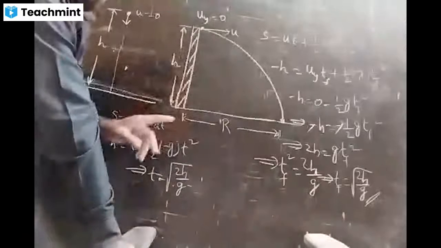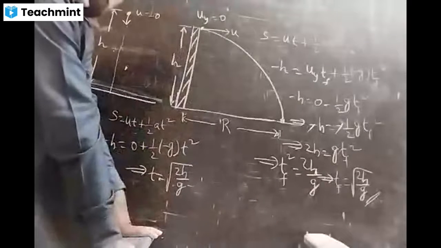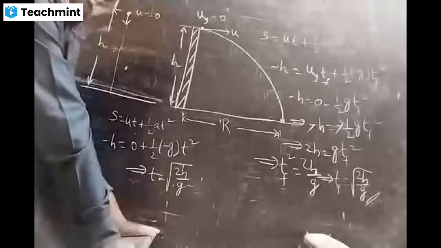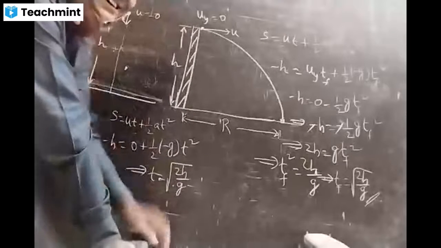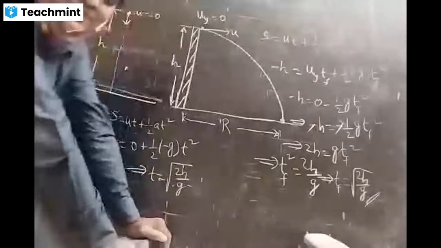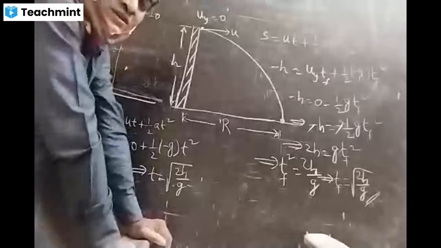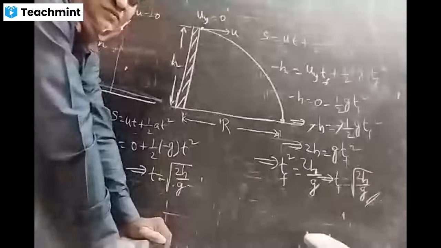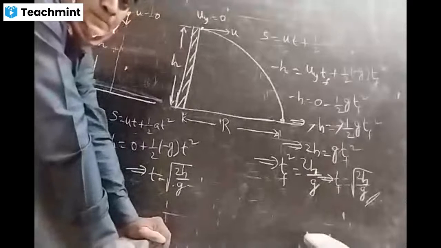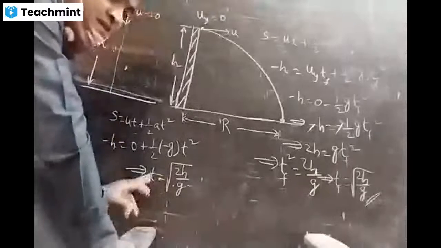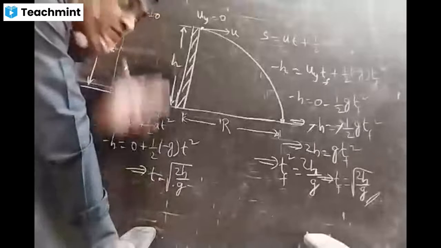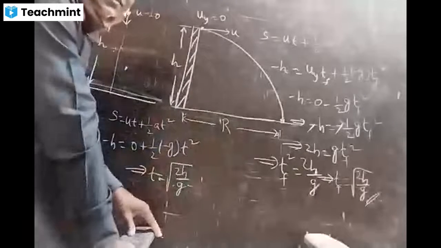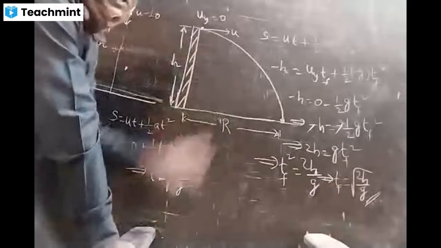Which particle will reach the ground earlier? Both will reach at the same time. Very important point. Why? Because in both cases the time is the same, though you feel as if the second particle thrown horizontally will reach earlier.